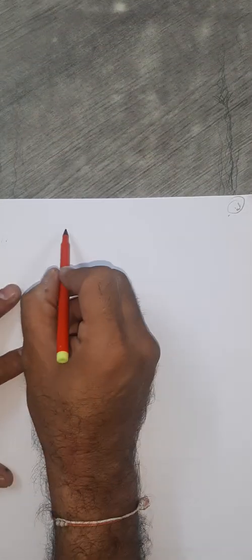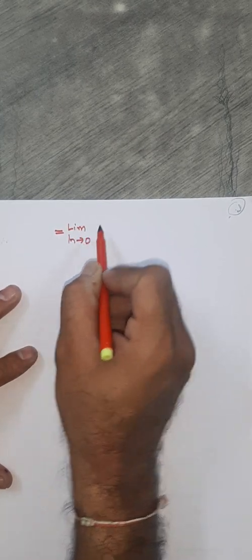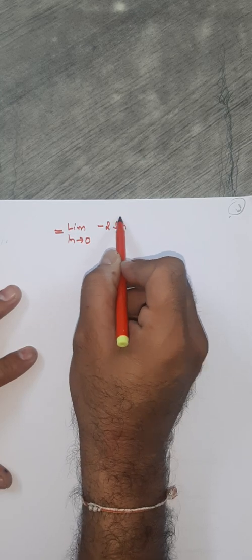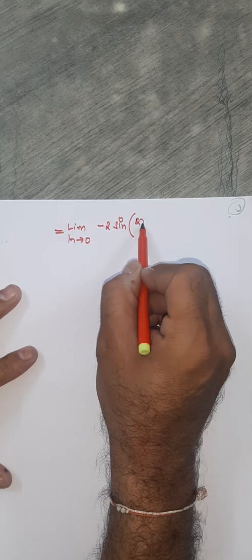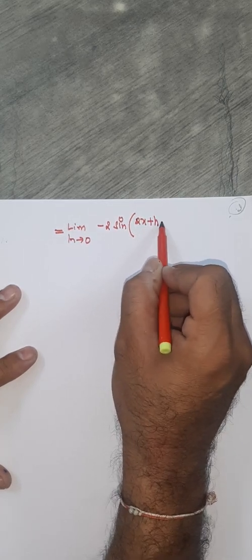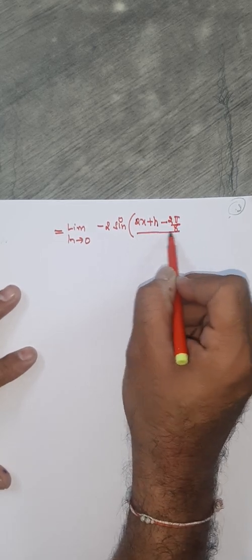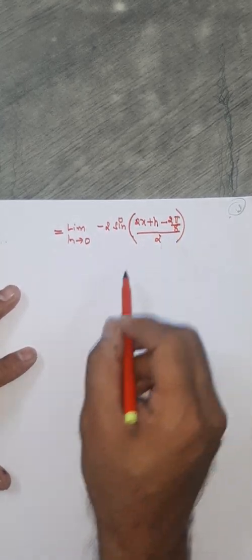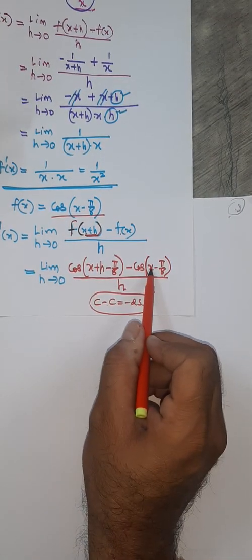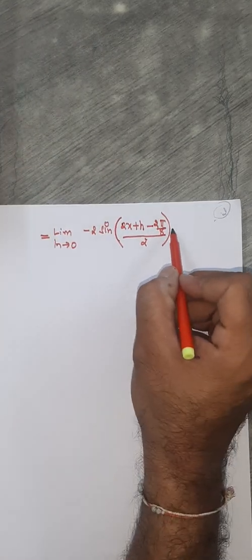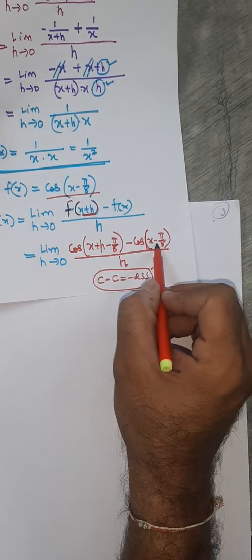So if I use that here, this is equal to limit h tends to 0 of minus 2 sine. What you will get? You will get 2x plus h minus 2 pi by 8, which is pi by 4, whole by 2. You know the procedure. This angle plus this angle whole by 2 into sine of this angle minus this angle.